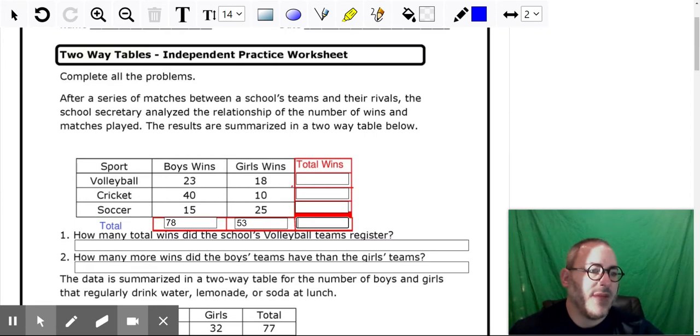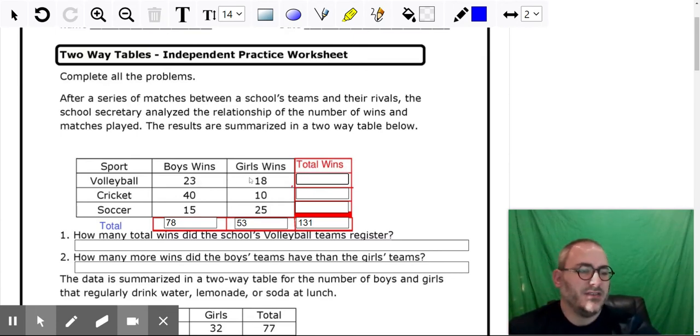So I have to add the two numbers I already found, 78 and 53, to find what goes in here. So 78 plus 53 is 131. So there were 131 wins total.